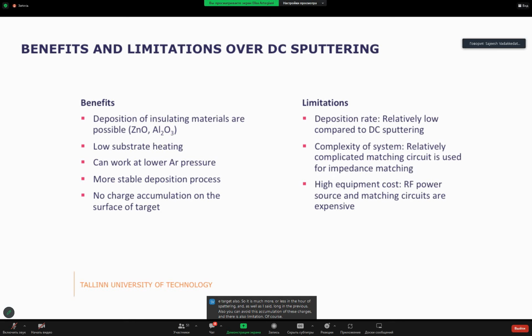It has a very low rate of deposition compared to DC sputtering, and it is a much more complex system because you have this matching circuit. And of course, the price of the RF power supply along with the matching circuit makes the machine much more costly.